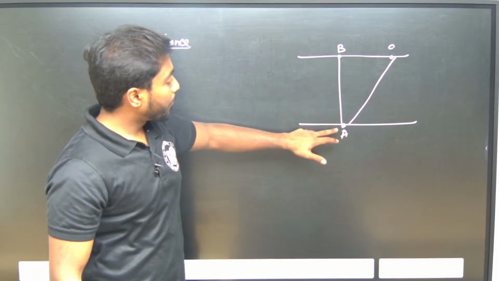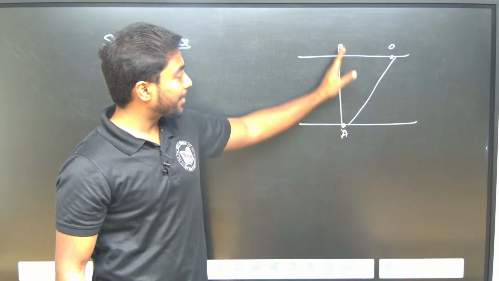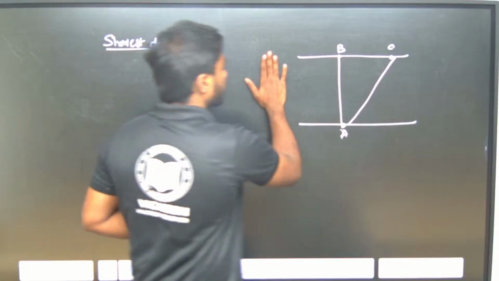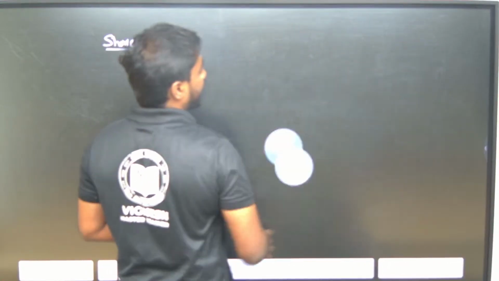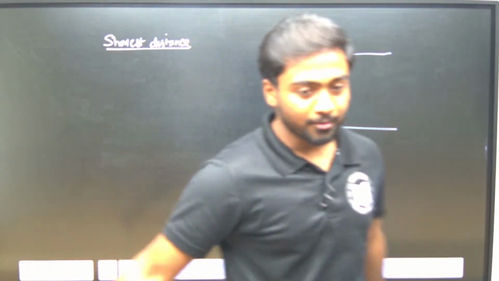Point A to B is the shortest. But if I start from point A in the direction of B, I end at C. So what should I do? I should do some magic to stop the river, like Krishna did.